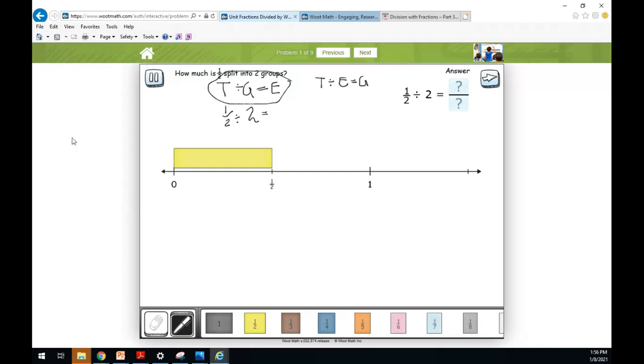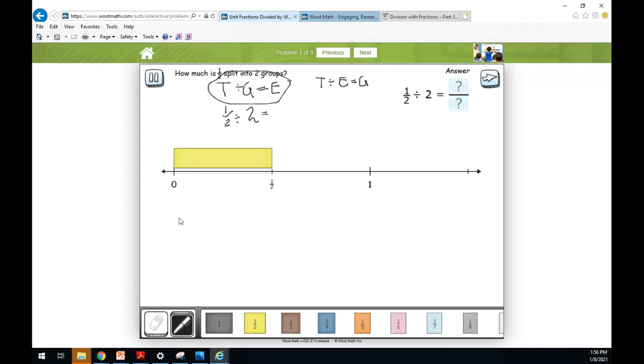Let's say my mom gets an acre of land, and she decides that my brother and I are going to get half of the acre. So I start off with 1/2, and it's going to be split equally between my brother and me.